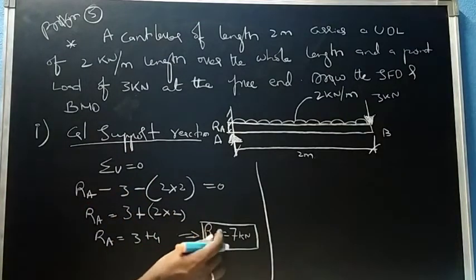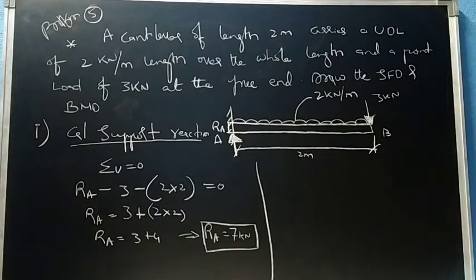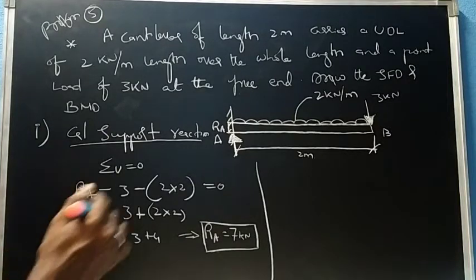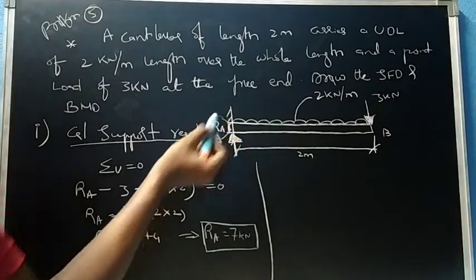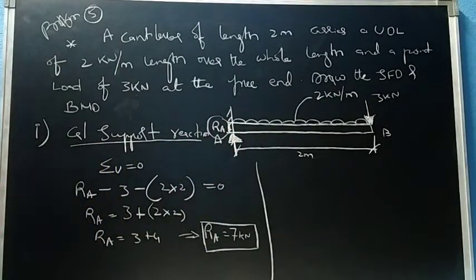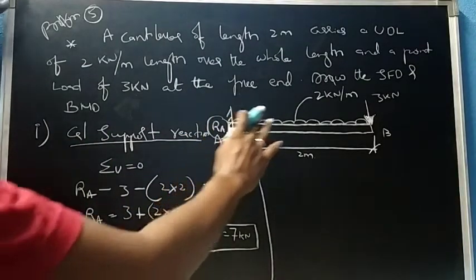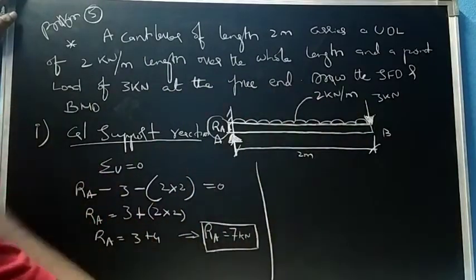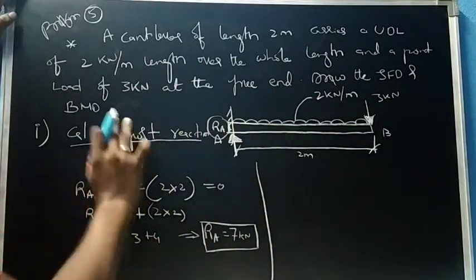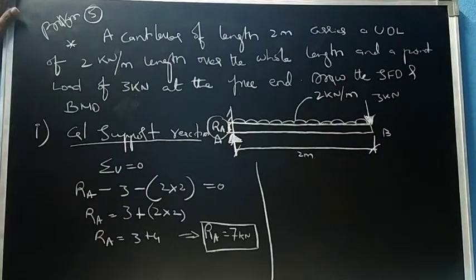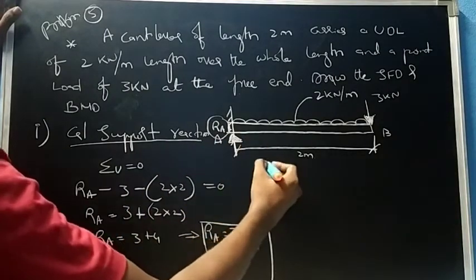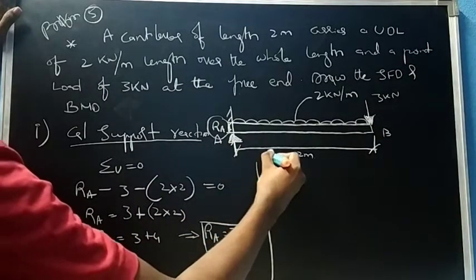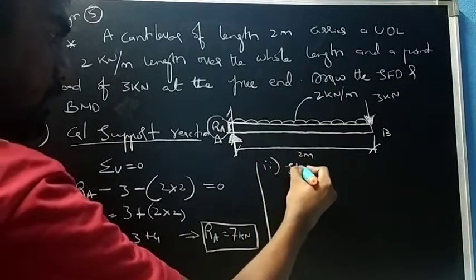So we now know RA. Now we'll find the shear force and bending moment, because RA was unknown and we already got it. No other load needs to be found, so directly we'll jump into shear force. The second step is to calculate shear force.